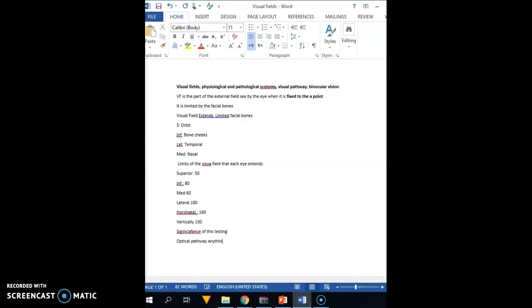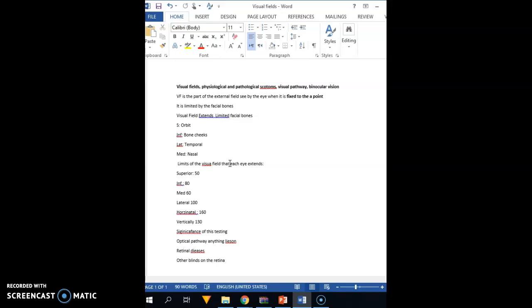Other things include the retina: if there are any retinal diseases, or any other blind spots on the retina, any types of scotomas.